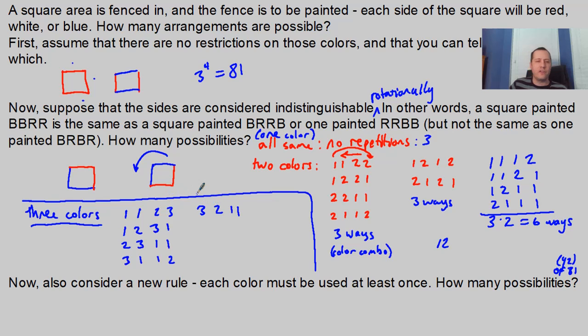This is a reflection. This would be like having blue, blue, red, white, and comparing that to white, red, blue, blue, right? So like white, red, blue, blue.